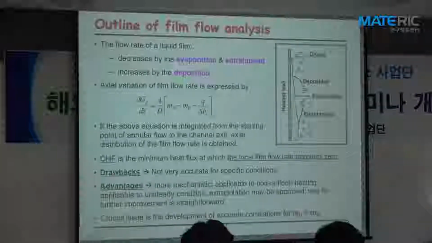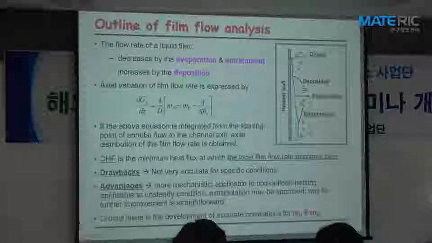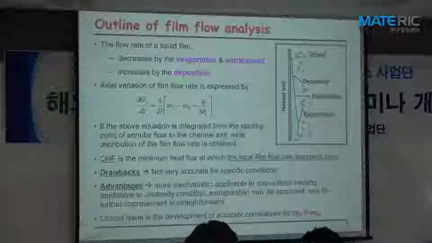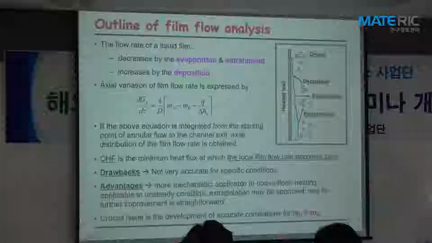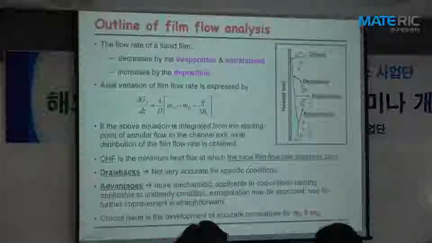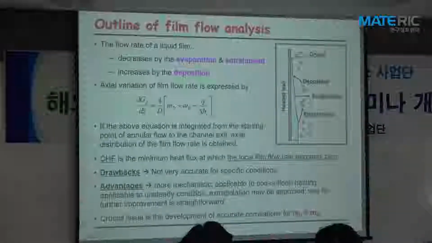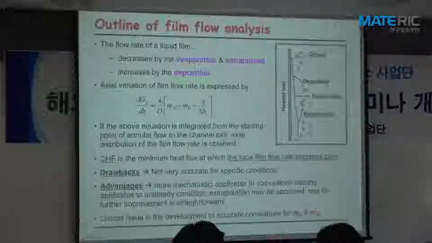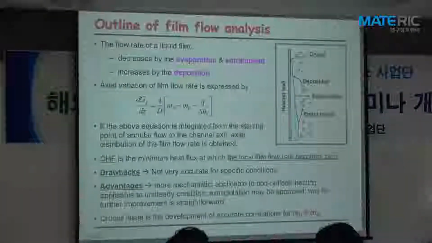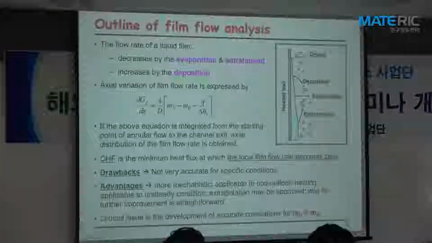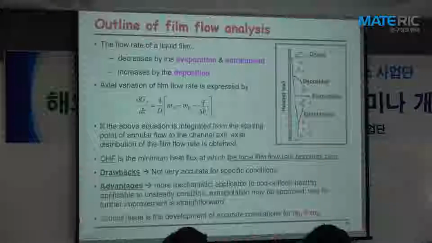If these physics are expressed in the form of a differential equation, the change of the film flow rate in the axial direction can be expressed by using the deposition rate, the entrainment rate, and the vaporization rate. In order to solve this equation, several quantities are needed.